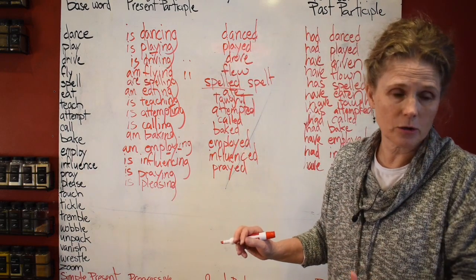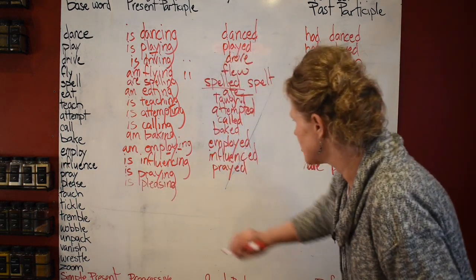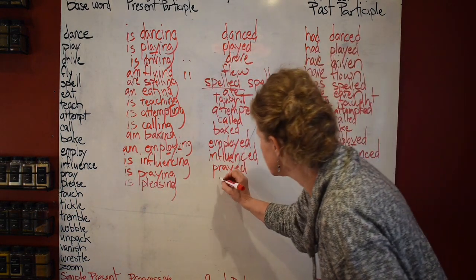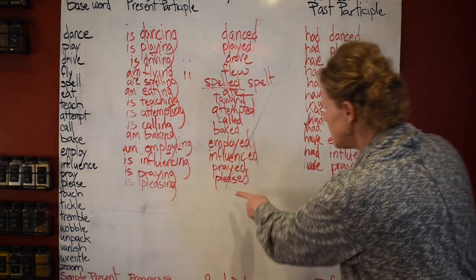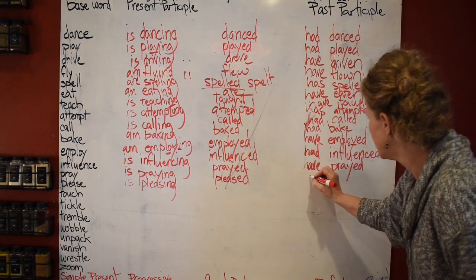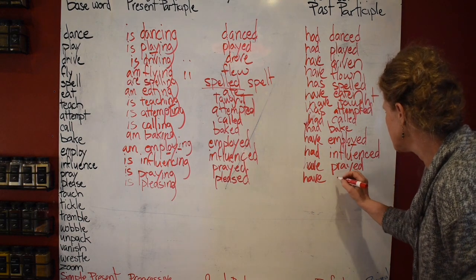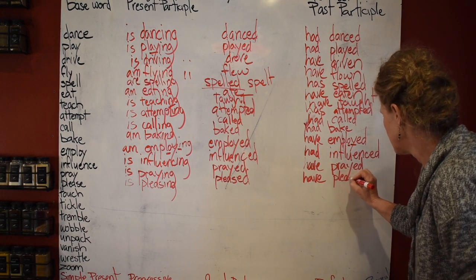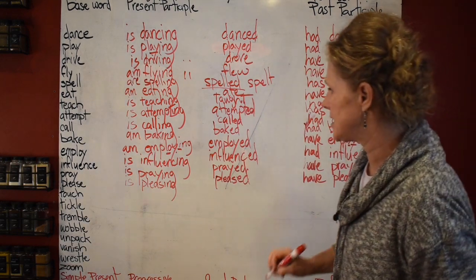She is pleasing her mother by taking out the trash. So you're going to drop the E and add your vowel suffix. Has pleased. Have pleased. You're going to drop the E and add on your vowel suffix ed.